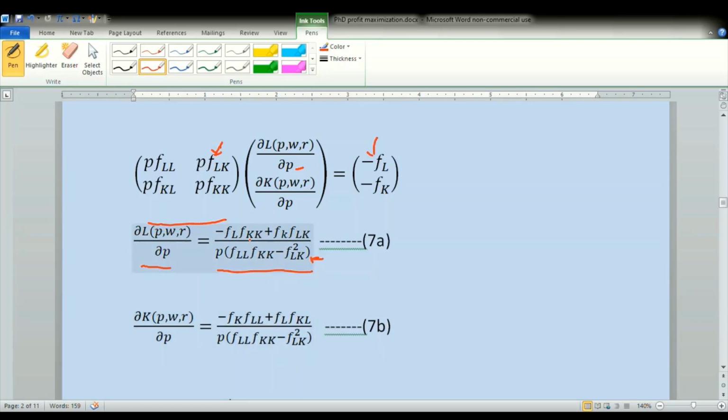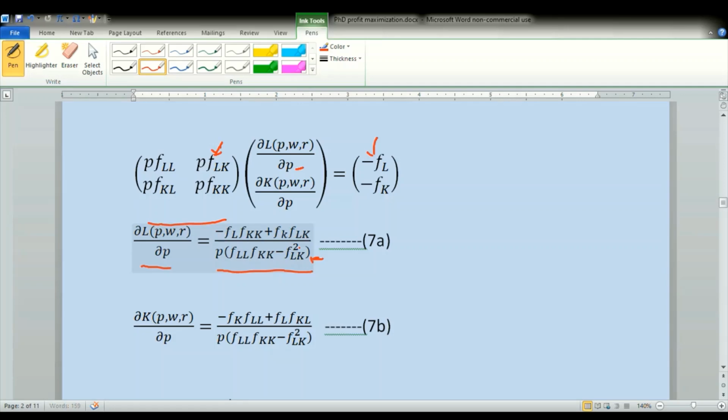Let's check now the numerator. So denominator is positive. Numerator FL is the marginal product of labor. It has to be positive. And this is FKK. We know that the firm produces in the second stage of production. So FKK has to be negative, and this negative sign combined with this negative sign becomes positive.